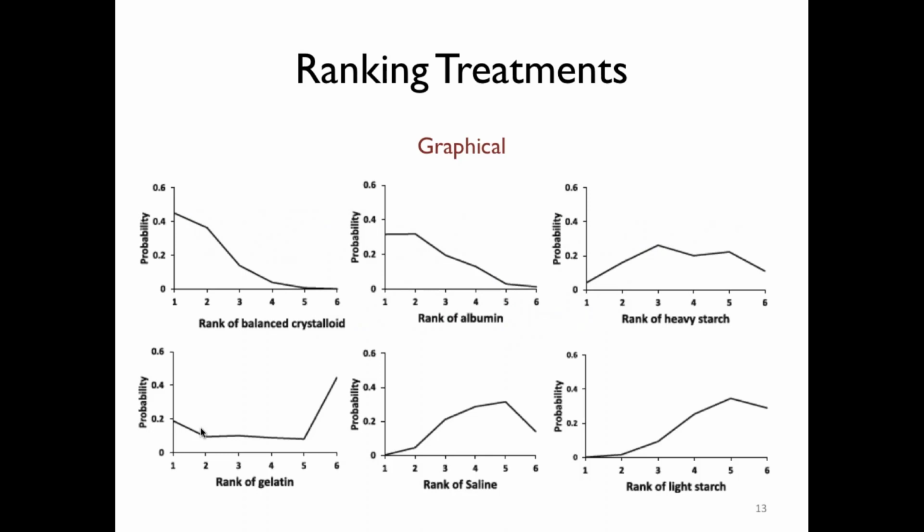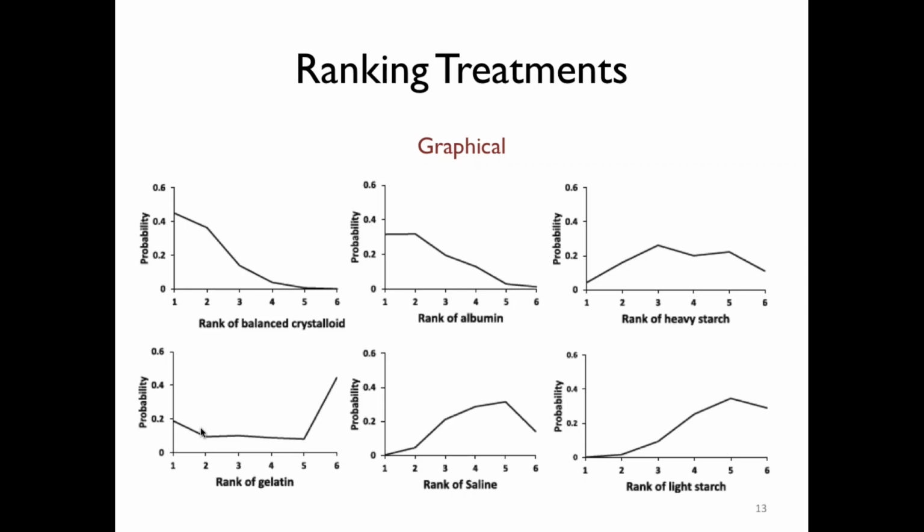The graphic approaches involve examining the area under the curve, indicating the probability of each drug to occupy a specific rank. There are also other graphic formats that you will see, such as forest plot or bar diagrams, among others. For this case, we are presenting here rankograms.